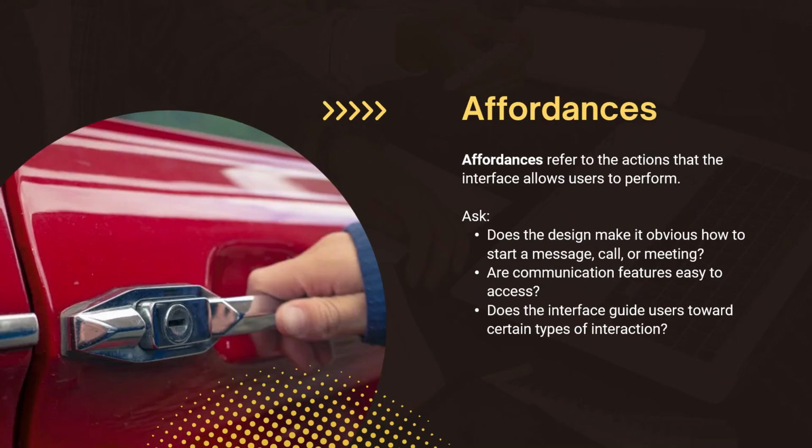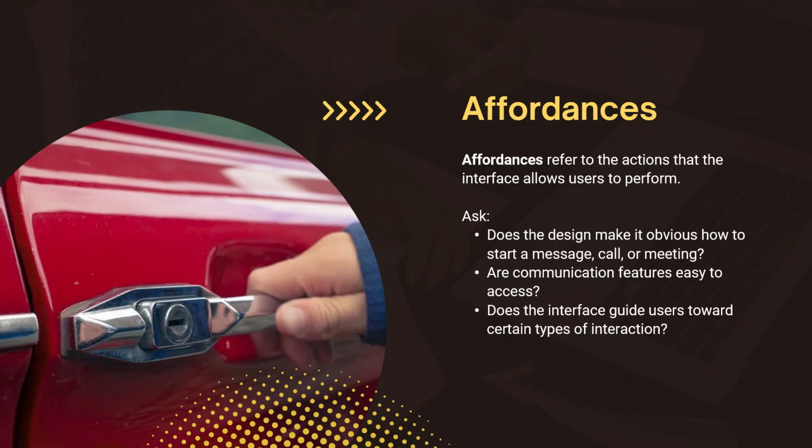Next, you should consider affordances. Remember, affordances refer to the actions that the interface allows users to perform. For example, a message box invites users to type a message. A camera icon suggests starting a video call. A plus sign may indicate creating a new conversation or a channel.